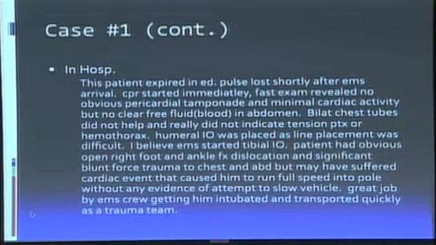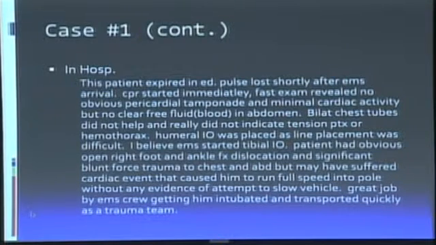And then we look in the abdomen to see if there's any evidence of exsanguination internally, any free fluid that would be consistent with hemorrhage. And there really was none. In this case, there was no evidence of pericardial tamponade or fluid in the pericardium.